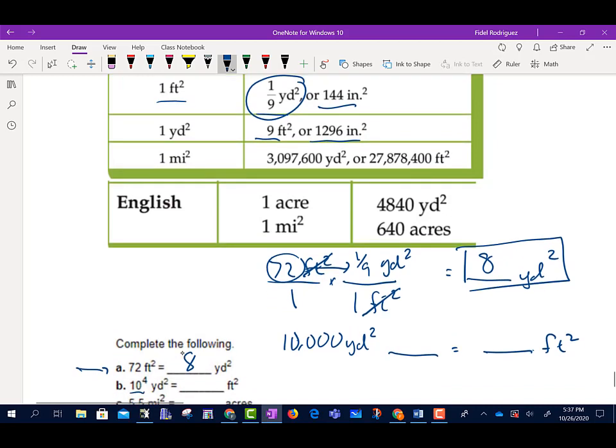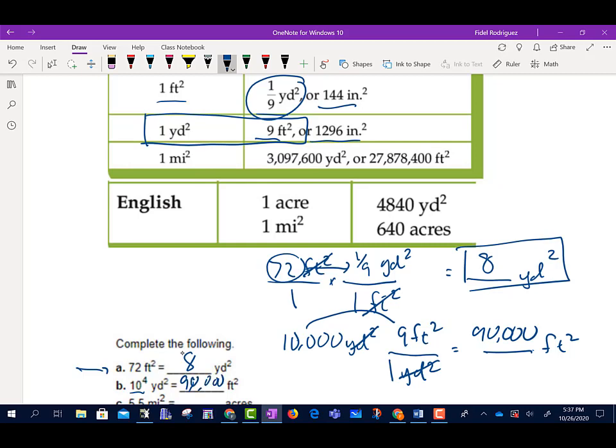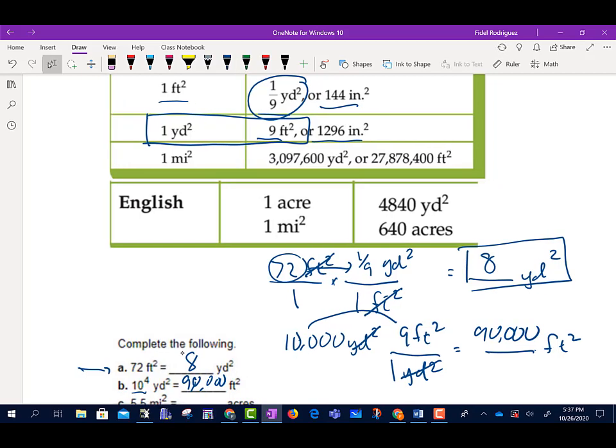So I know that 1 square yard is the same thing as 9 square feet. So again, these units here are going to cancel, and I'm just going to multiply. So 10,000 times 9, 90,000, right? So my answer for this one is 90,000 square feet.